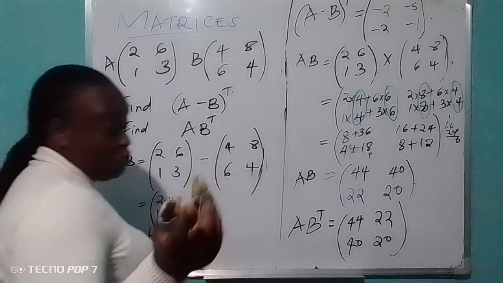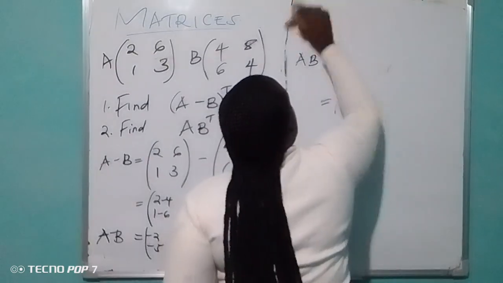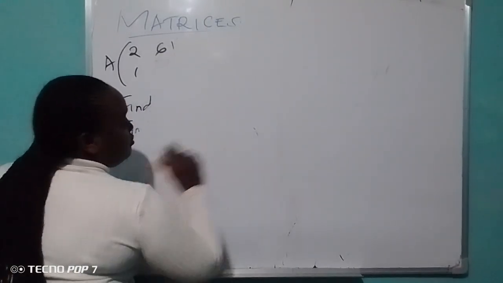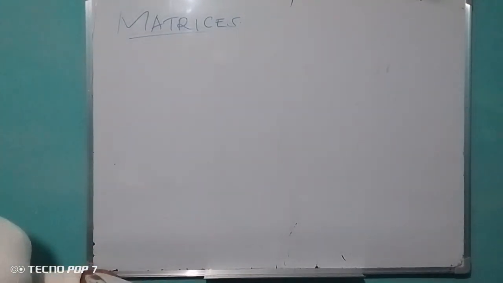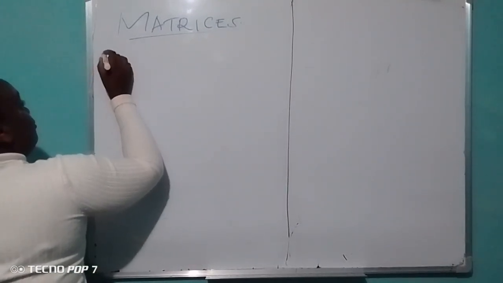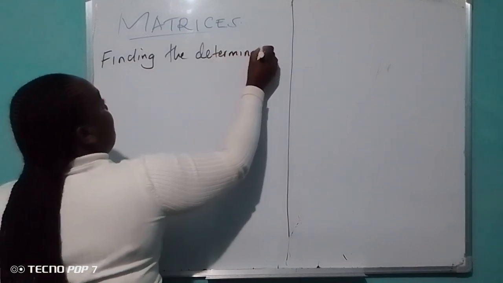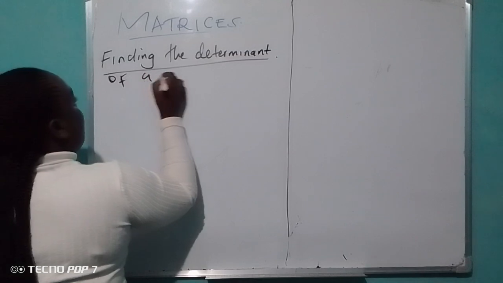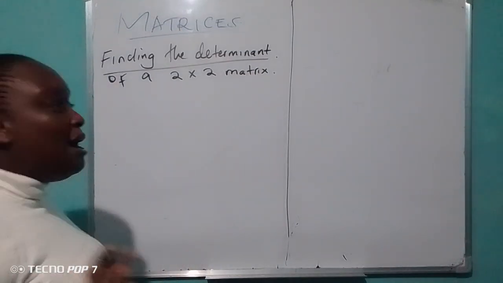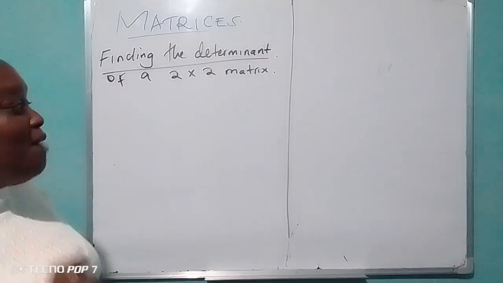I hope we have understood here. Finding the determinant of a 2 by 2 matrix, or in other words, finding the determinant of a matrix of order 2 by 2.